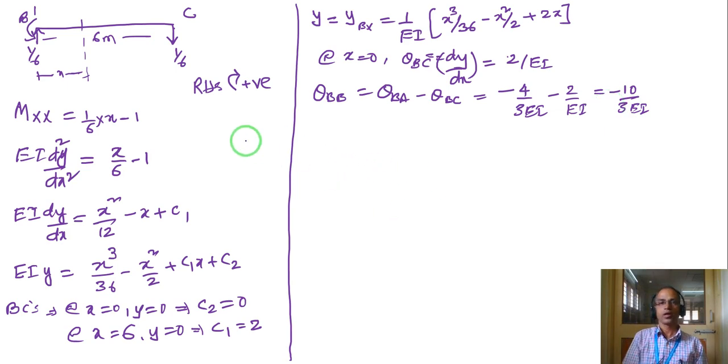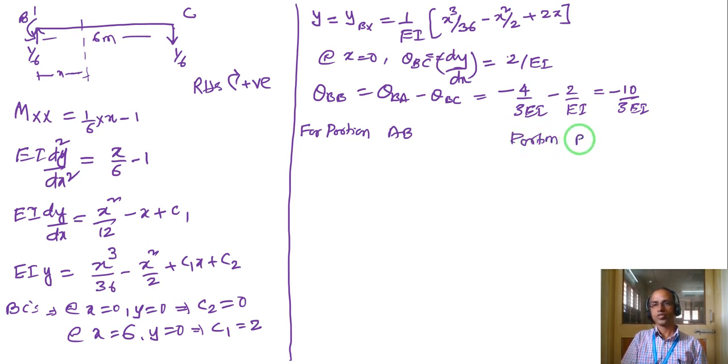So simply ILD is for each of the portions. For portion AB, portion BC, separate out. So MB ordinate will be YBX by theta BB.